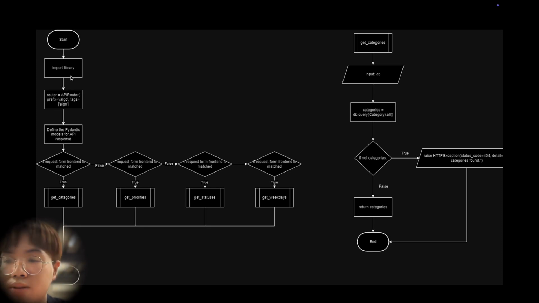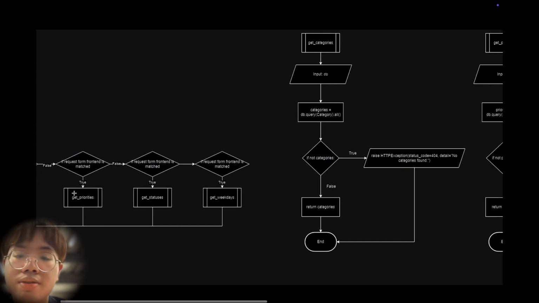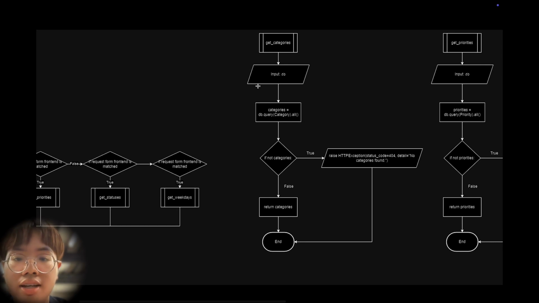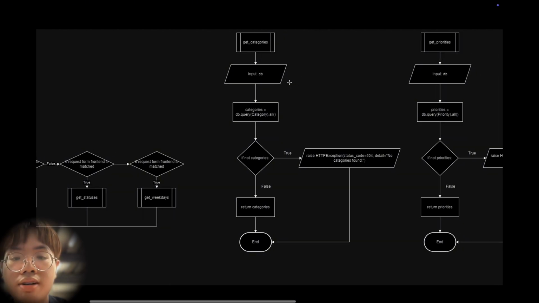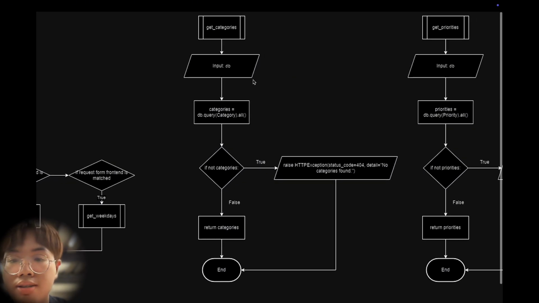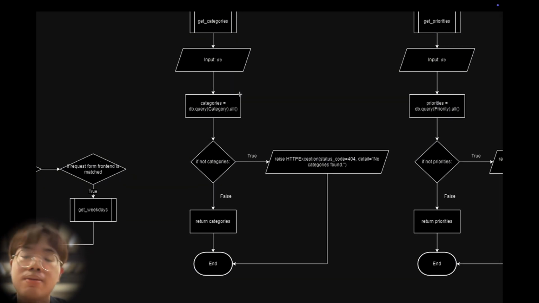It's starting with importing libraries and setting up the API, and then defining the dependency models for the API response. After that, if the request from the front end is matched, it will call the certain function. The first function is to get categories. First it will set up the parameters based on the database, and then pull the data from the database to the categories.